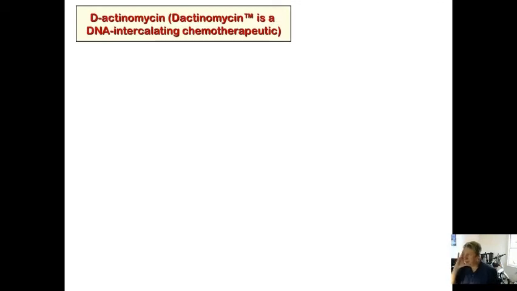Dactinomycin, also called actinomycin D. This is a DNA intercalating chemotherapeutic drug. Okay, and so what is this drug, this DNA intercalator? What DNA intercalators do is they sneak into a DNA alpha helix, and it messes up DNA replication and various things that cancer really depends on.